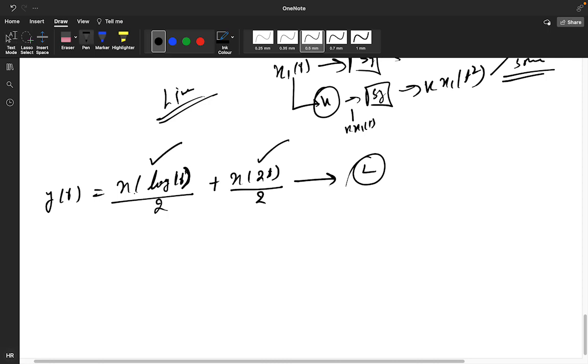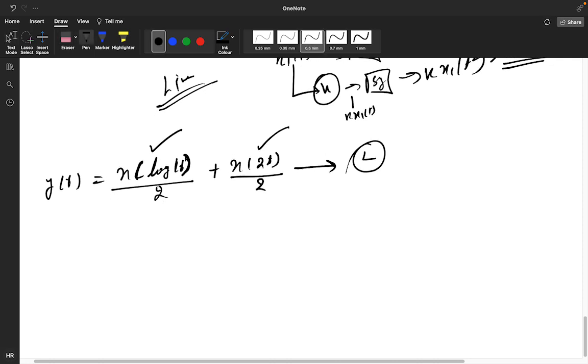So always remember, if you have log t or sin t inside the x term, and no constant is added, then the system will be linear only. You can check by the property that I taught you.